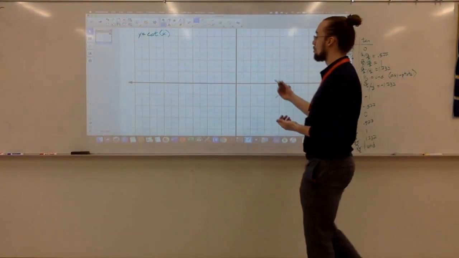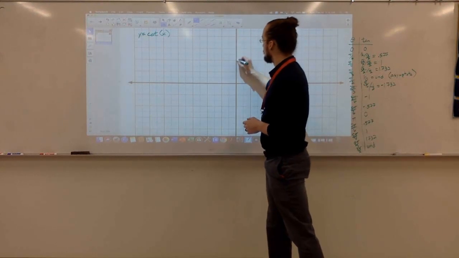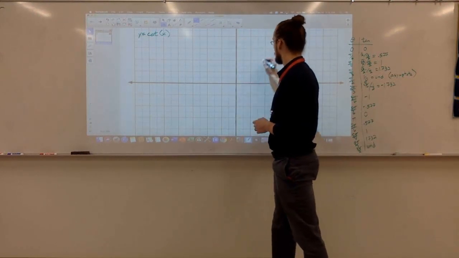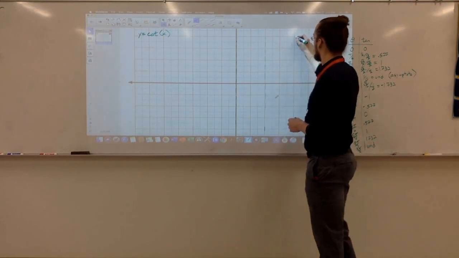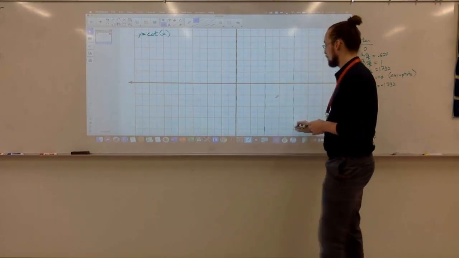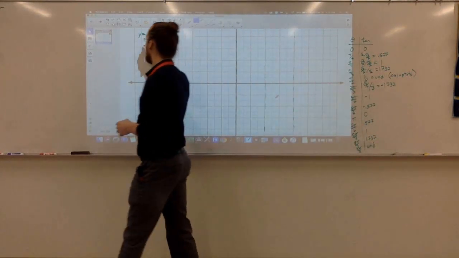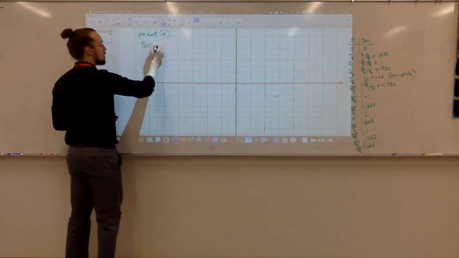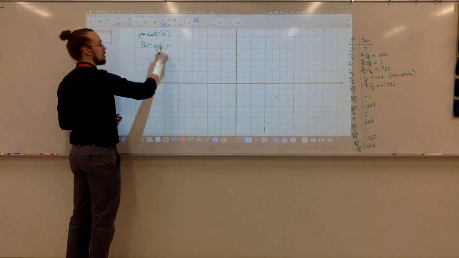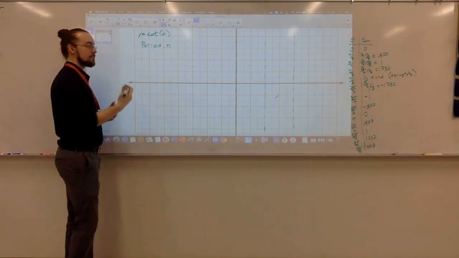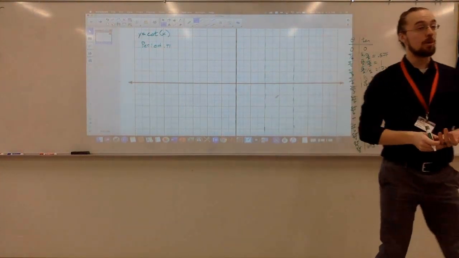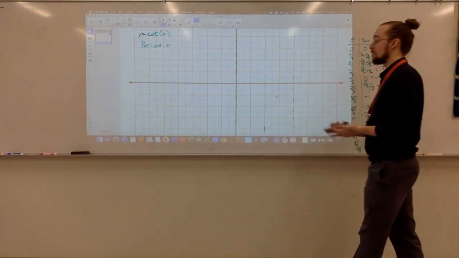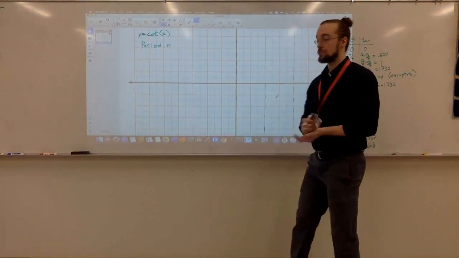But our normal cotangent curve before any shifts is going to look something like this. Okay, the period for cotangent is still pi, but our starting and ending values for one period of cotangent are going to be 0 to pi.